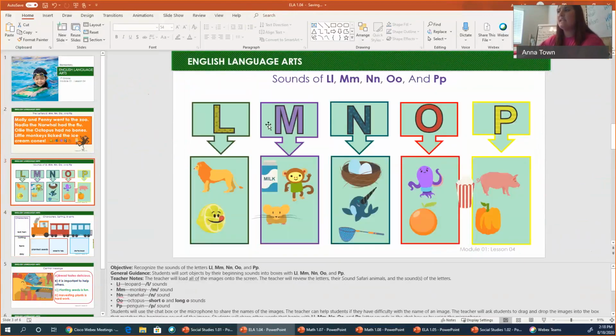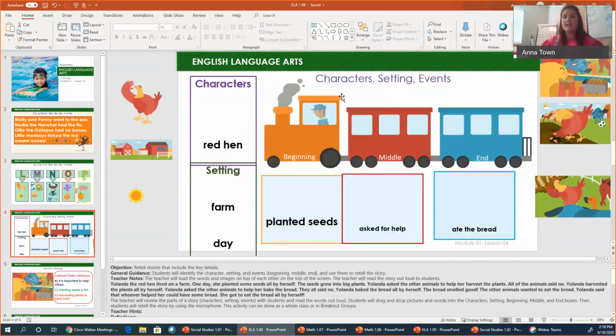Let's review the sounds together and the letters. L, M, N, O, P.